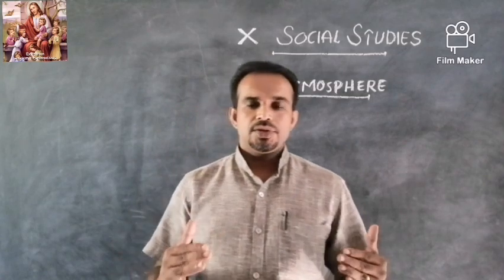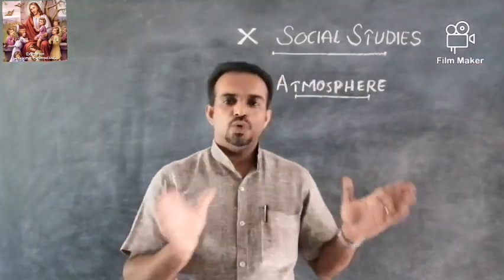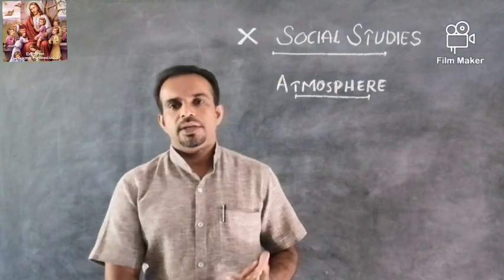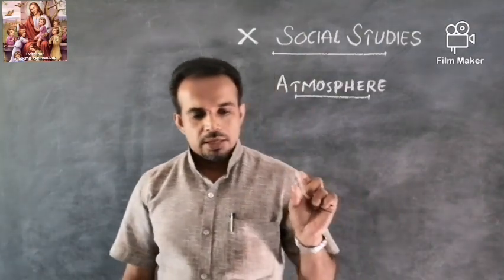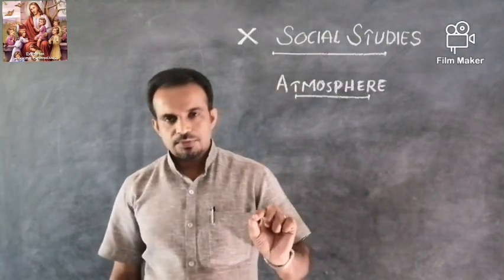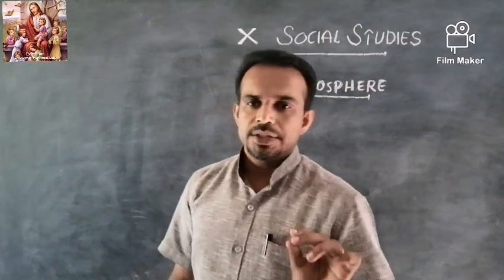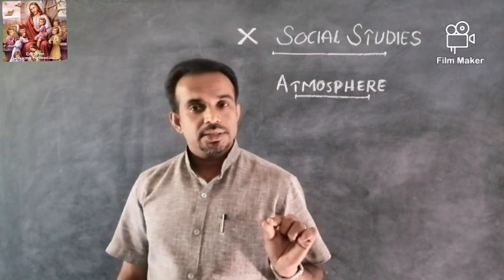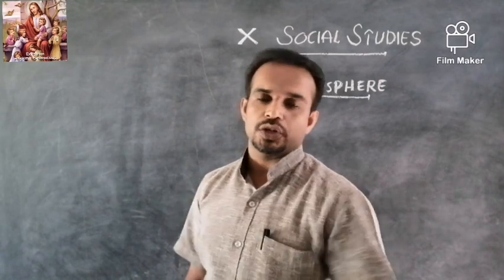And from 90 kilometers above, it is grouped into another layer called heterosphere. The heterosphere is subdivided into two more layers: thermosphere and exosphere. It is called heterosphere as the gaseous composition in this layer is heterogeneous in nature.